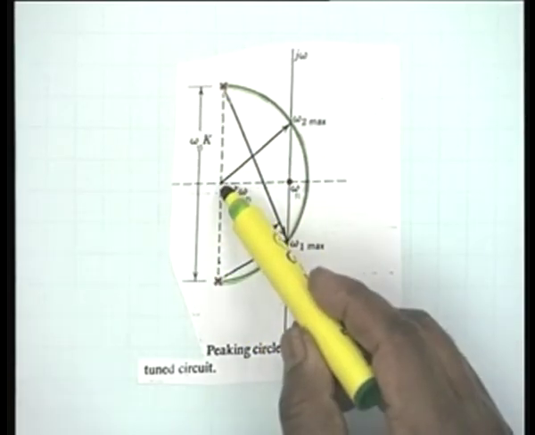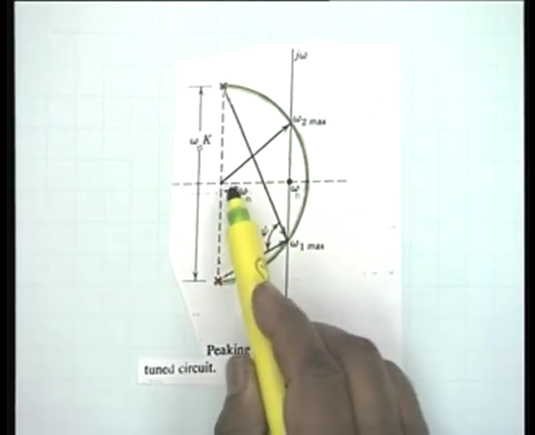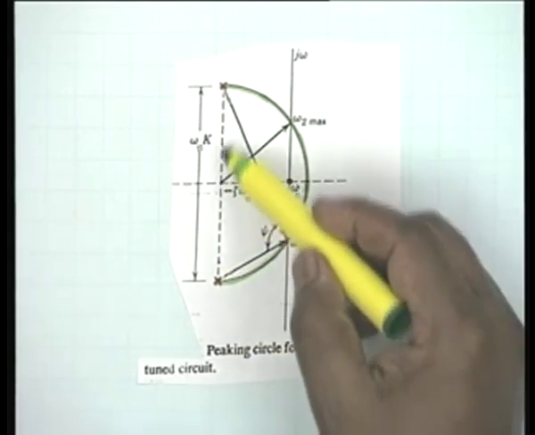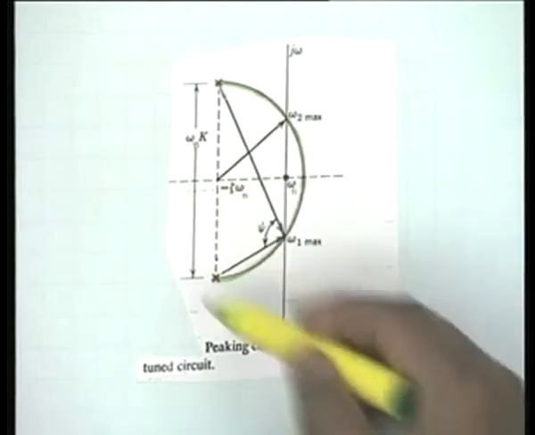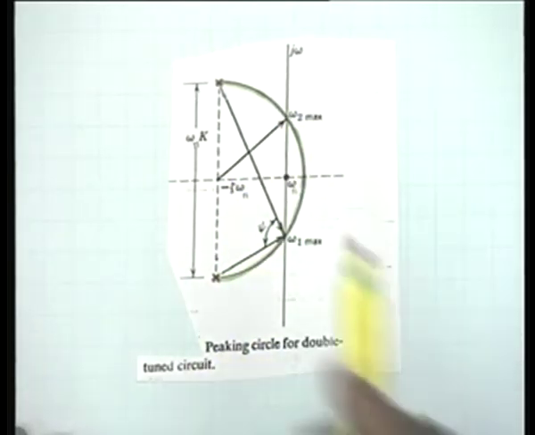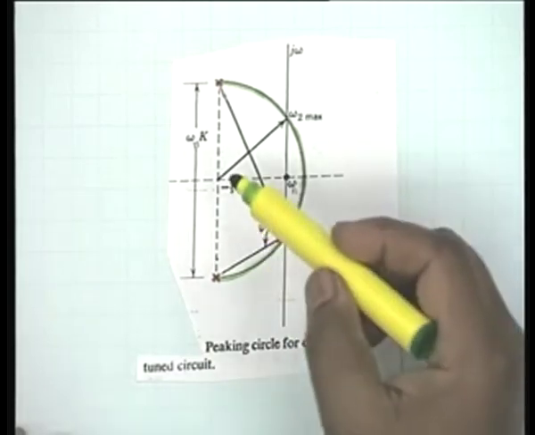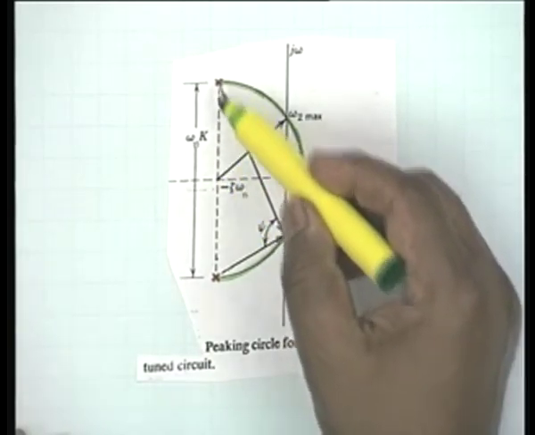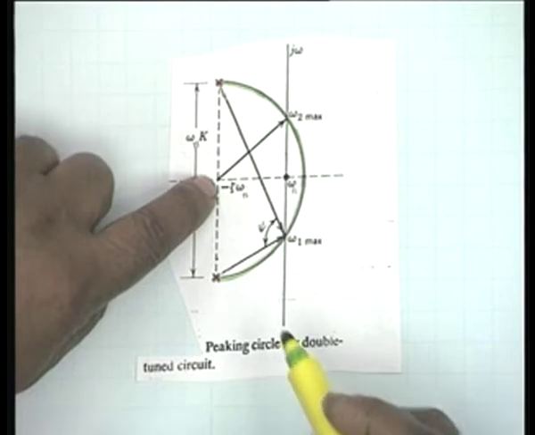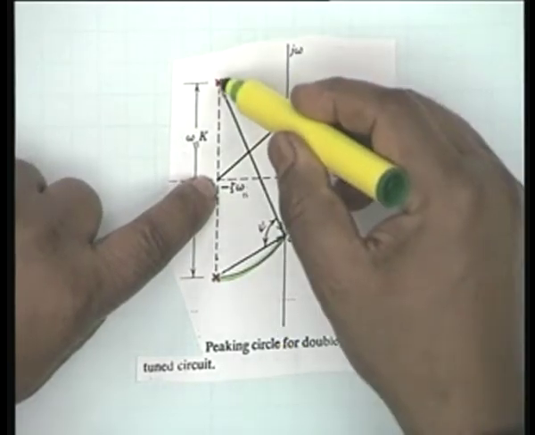This is minus zeta omega n. In drawing this diagram, we have assumed, I am sorry, it is the other way around, omega n k by 2, this is the center and this is the radius. Radius is omega n k by 2.